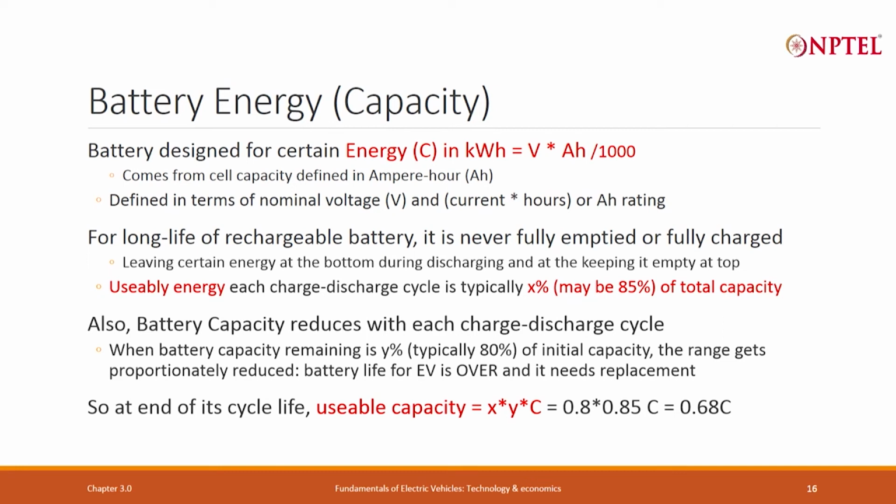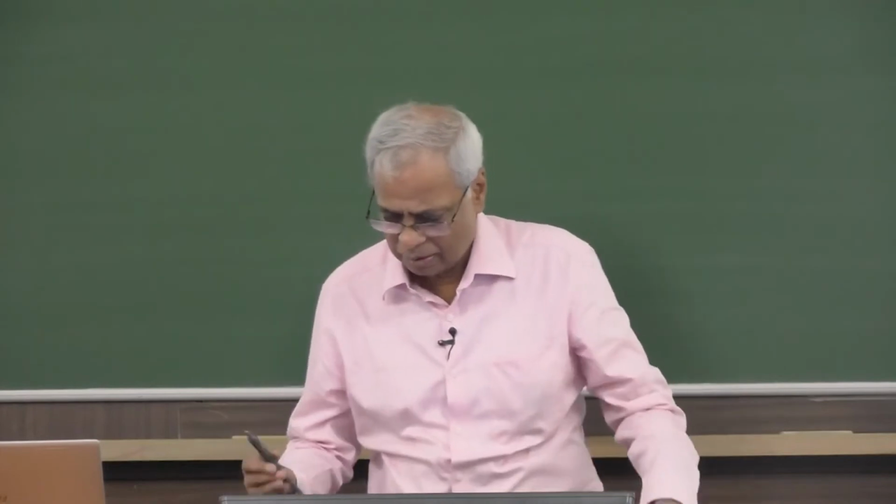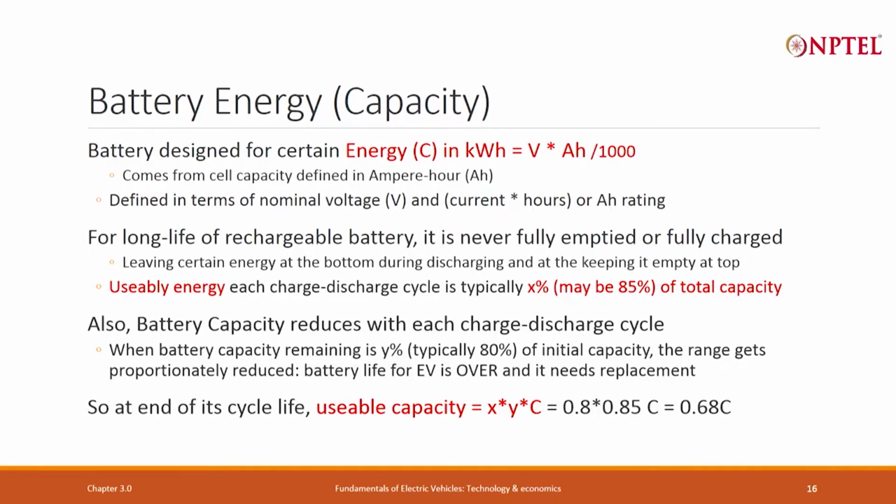So, what is the actual usable capacity? Usable capacity becomes X into Y into C at the end of its life.